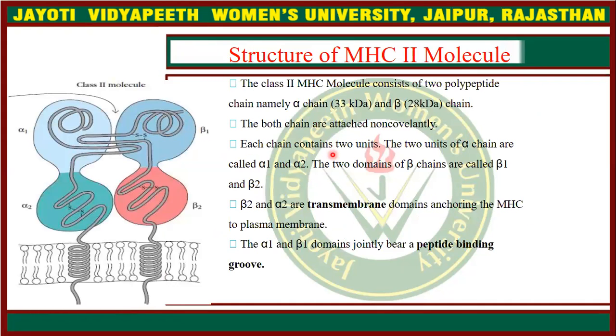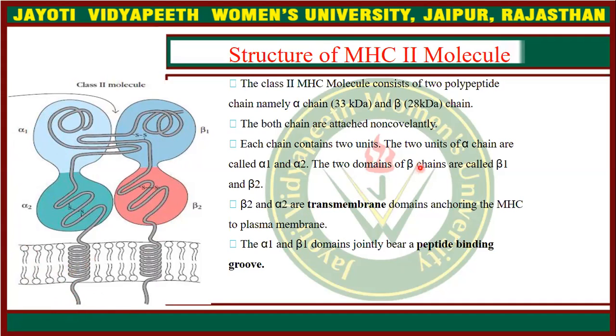So in the structure of MHC class 2, there are two chains and four domains: alpha 1, alpha 2, beta 1, and beta 2. In the structure there are also four regions: the membrane proximal area, membrane distal area, transmembrane area, and cytoplasmic tail area.